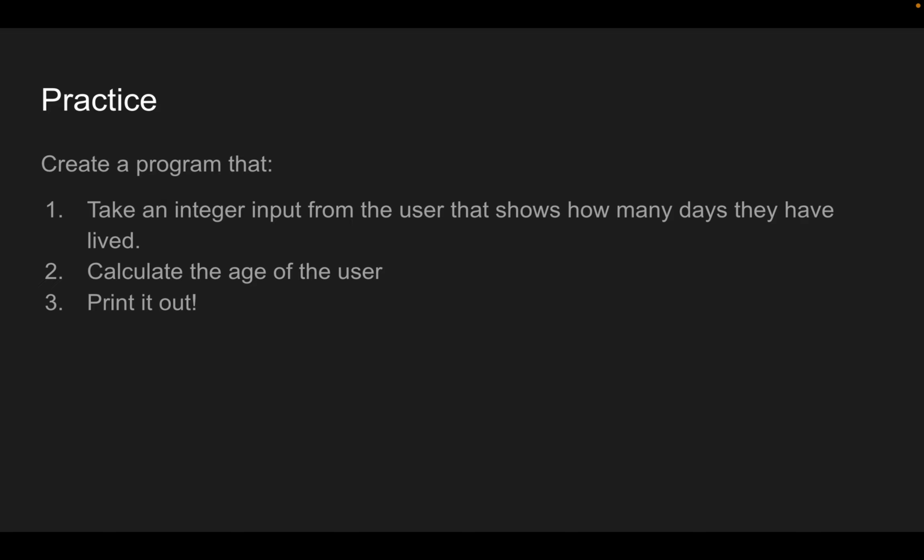We'll assume the user starts at age 0. If you want to dig around, you could probably figure out how to round it to the nearest age. If you can't, just leave it as it is. It's probably gonna have 15 decimal points, but that's fine. So that is the practice, and then we'll go over that in the next video.